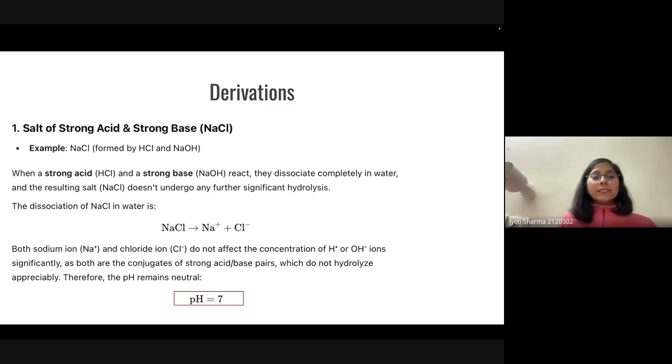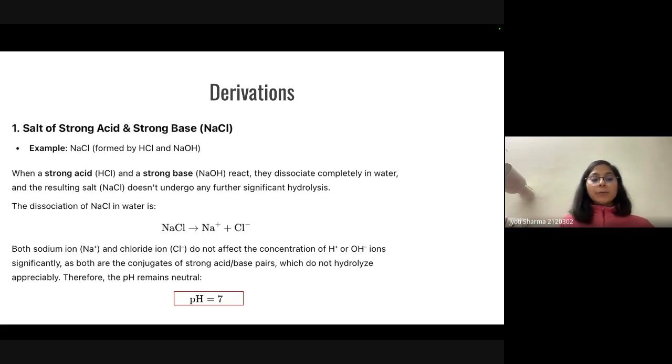So the first example was salt of strong acid and strong base, and you people know that, for example, if it is NaCl, then NaCl will completely dissociate in the water and will give you Na plus and Cl minus, right? Because as I told you, if it is a strong acid or strong base, dissociation will be near to complete.